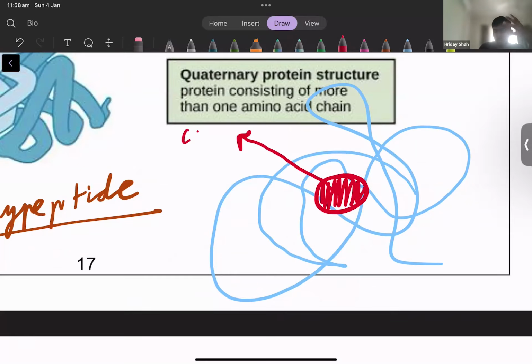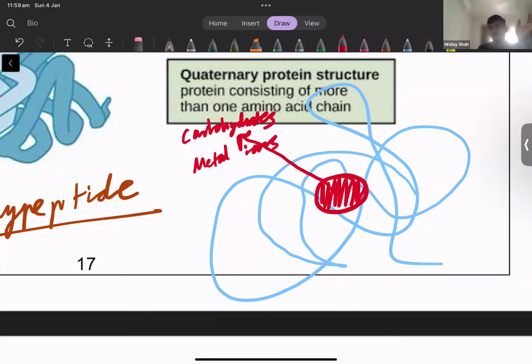So it can be containing carbohydrates, lipids, but usually not nucleic acids, or even metal ions. It's called a prosthetic group because its chain is not made up of only amino acids. But imagine it as a polypeptide chain with more things attached to it or with decorations on it. So it's a polypeptide chain combined with some other biomacromolecules.